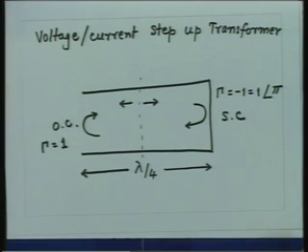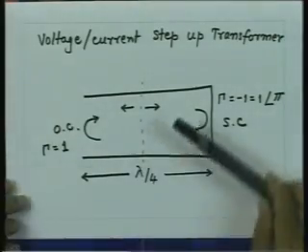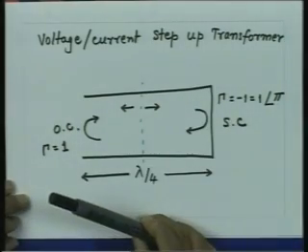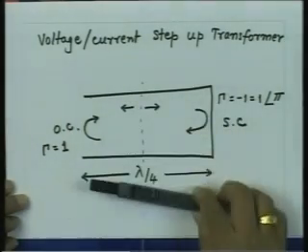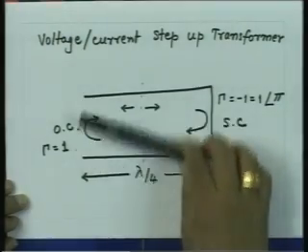So, this application is a useful application whenever we want to step up the voltages and currents at high frequencies. One can show that the voltage which is going to grow, that is related to the quality factor of the transmission line. So, again the high quality factor means low losses on transmission line, and that will give me the higher voltage on the terminals of the transmission line.